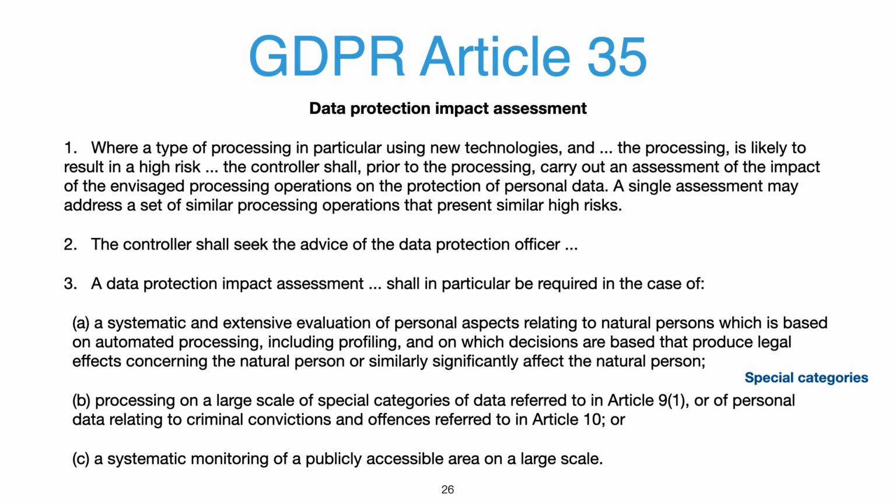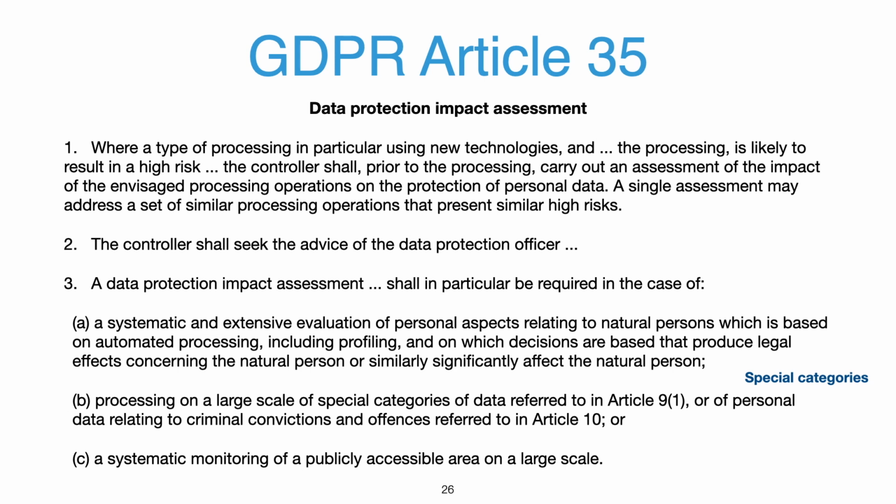You'll also need a data protection impact assessment if there's going to be systematic monitoring of a publicly accessible area on a large scale. So facial recognition technology fits into this category, for example. Location data of people's mobile phones fits into this category, if it's being actively monitored in real time anyway.